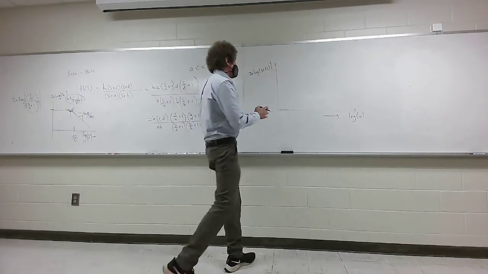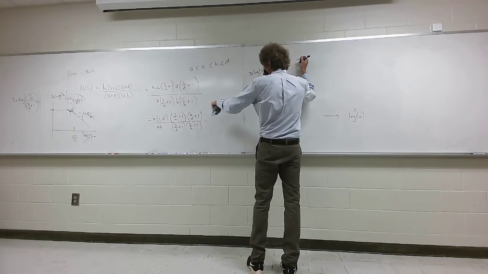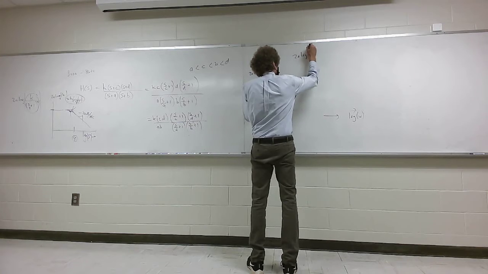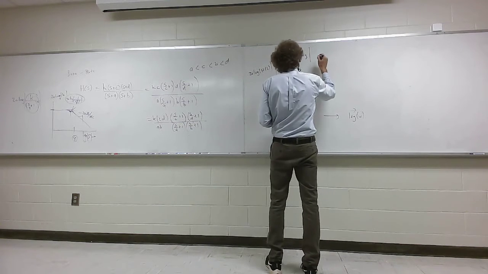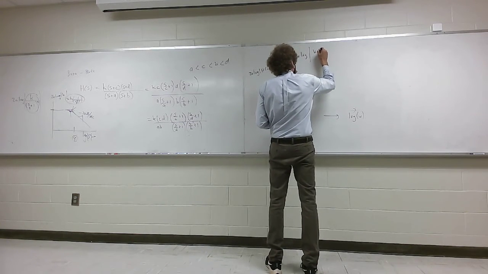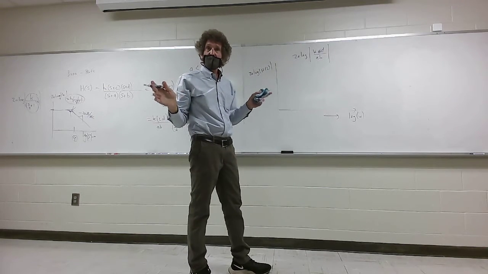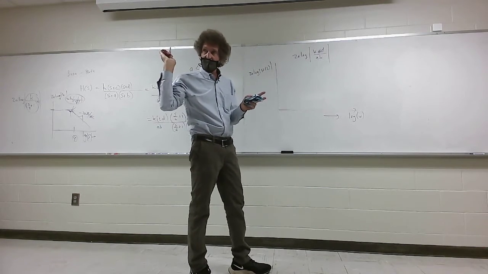So when I come over here, if that's the function, I have 20 times the log base 10 of this. K times C times D over A, B. That's always going to be there. Y'all follow me? I'm taking 20 times the log of that function.